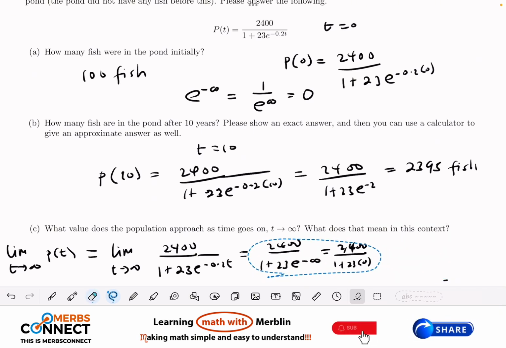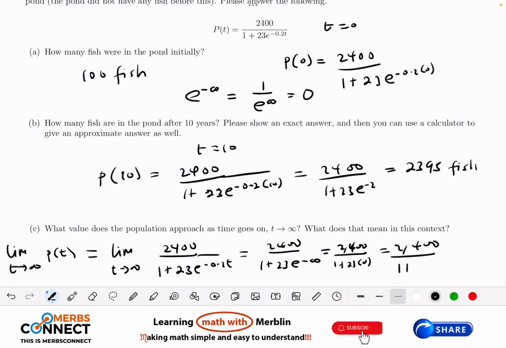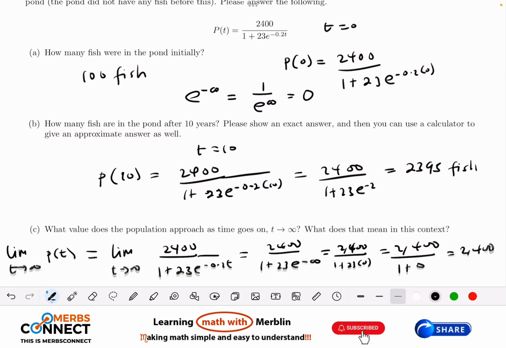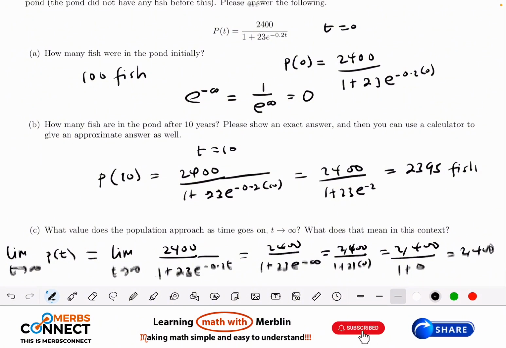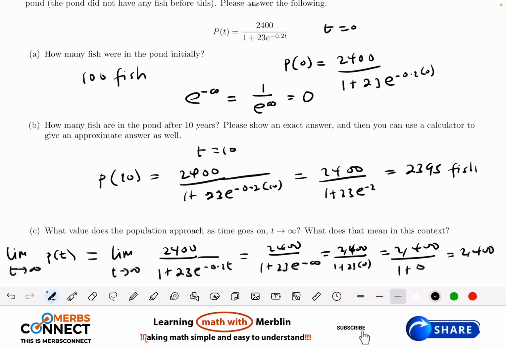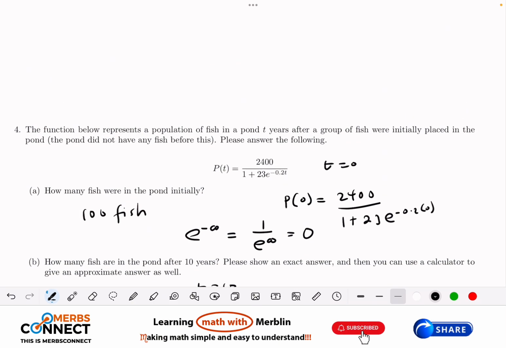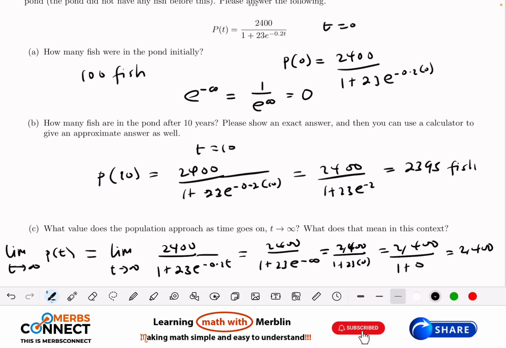So I'm going to have 2,400 divided by 1 plus 0, and then this one will be 2,400. So at a very large population, when t is approaching infinity, we are going to have 2,400 fish. Good. So this is the end of the video, and see you in the next video.